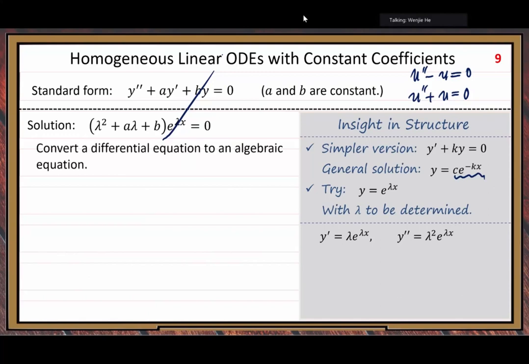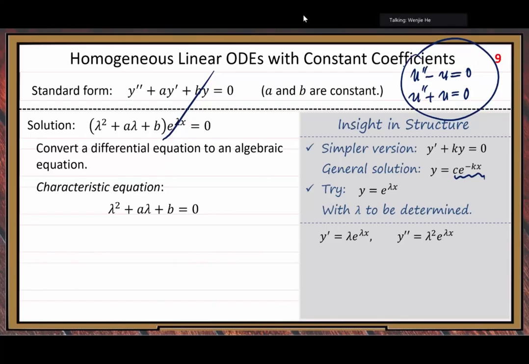All right. After cancellation, the remaining part inside the parentheses we call the characteristic equation. Last time I mentioned the characteristic equation when I talked about these two ODEs. Here you know why we use the characteristic equation.